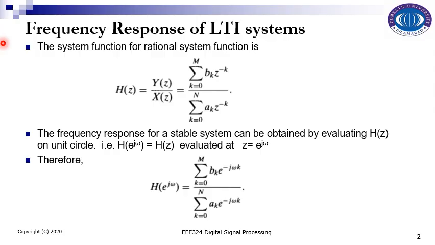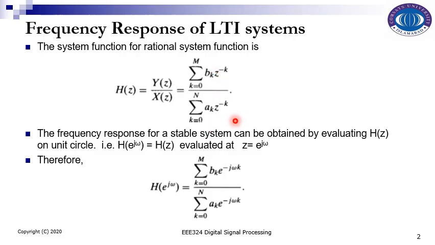So now let us recall that a rational LTI system can be described by the system function H(z), and H(z) is of the form of a polynomial in z inverse over a polynomial in z inverse, of degrees M and N.